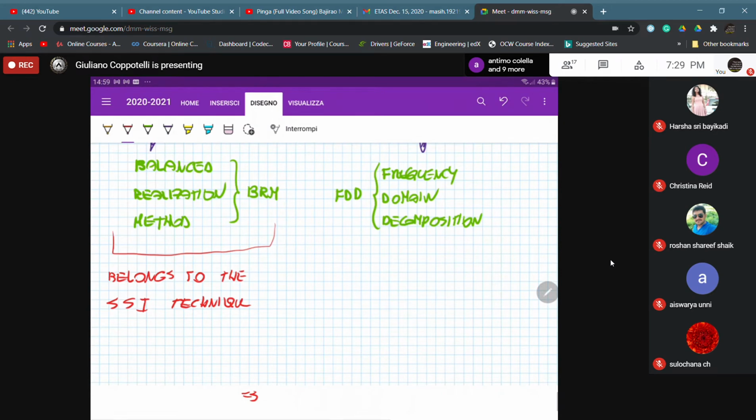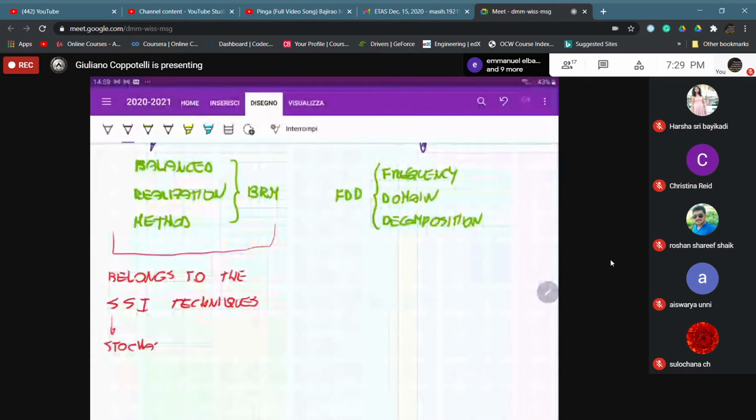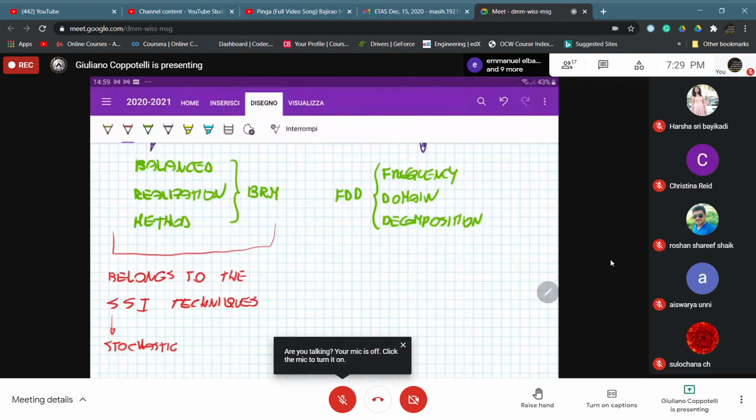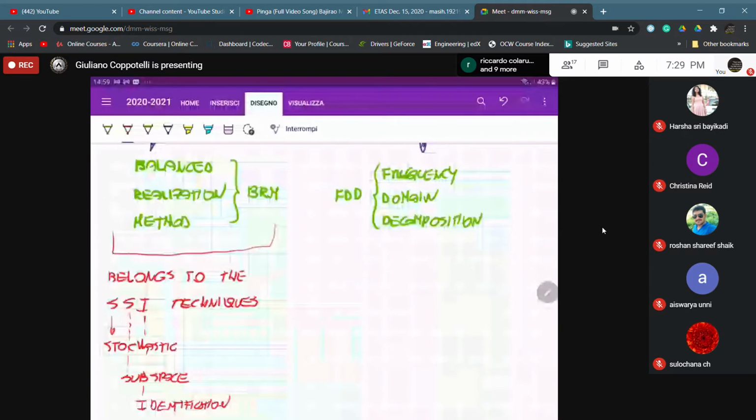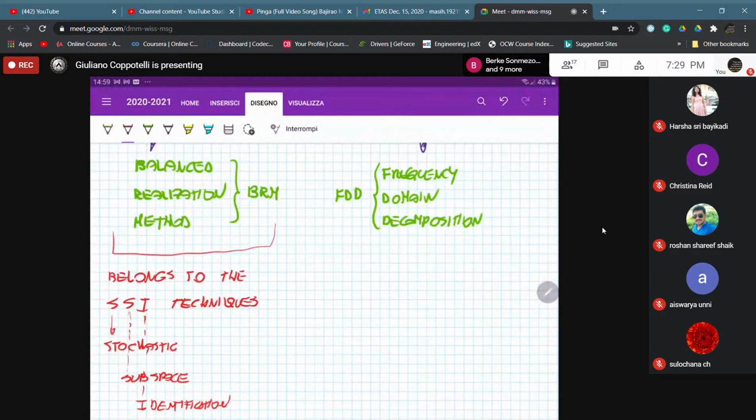SSI means stochastic subspace identification techniques. So let's start with that.